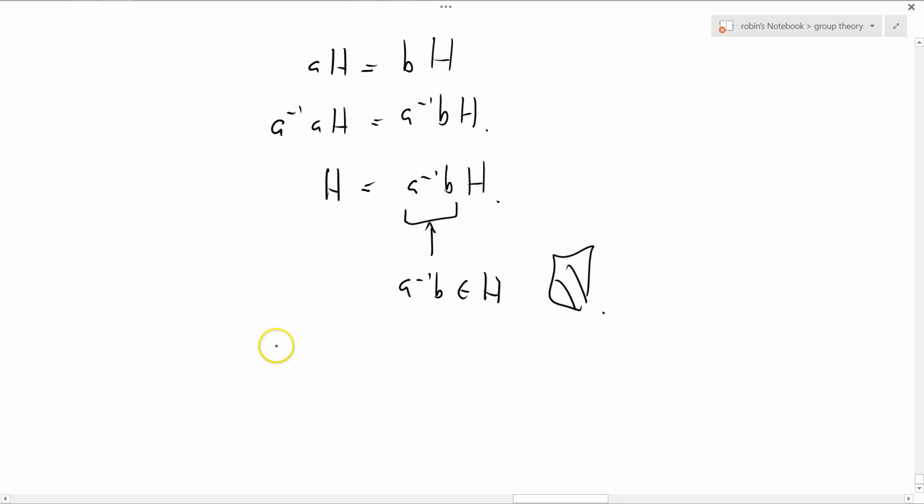Now we'll go the other way. Now I'll assume that a^-1 b is in fact a member of the subgroup H, and I want to show that aH equals bH.